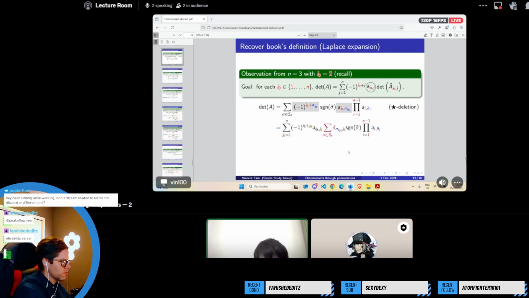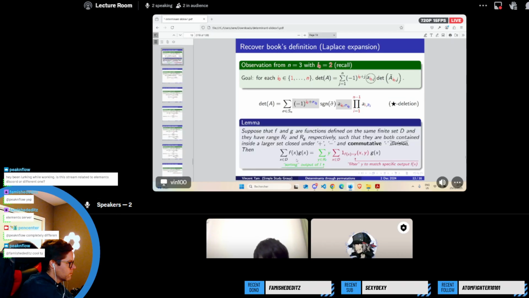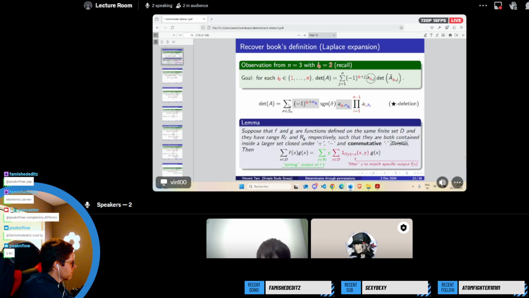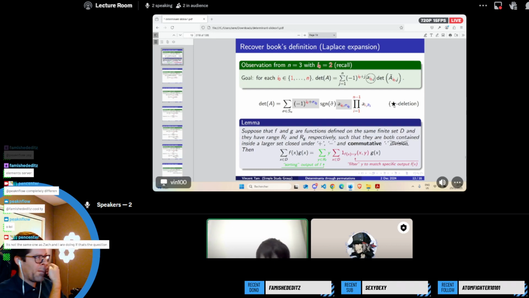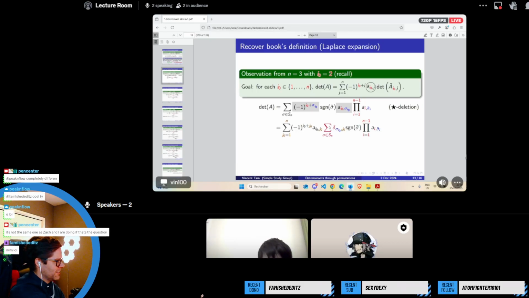The point is that I use this little lemma, tailor-made for this sum and product, so as to extract this thing out of the summation symbol.